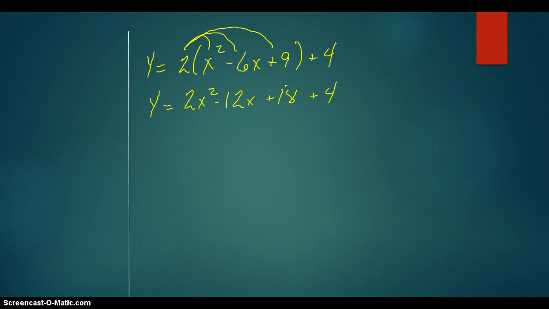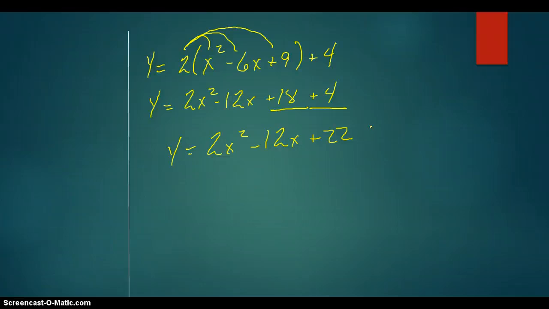It's okay. I really don't care anymore if you know your multiplication facts. I just want you to get it right. The last thing I see is this plus 18 and this plus 4 are like terms, and I can combine those together. So plus 22. Once again, use your calculator if you don't remember.